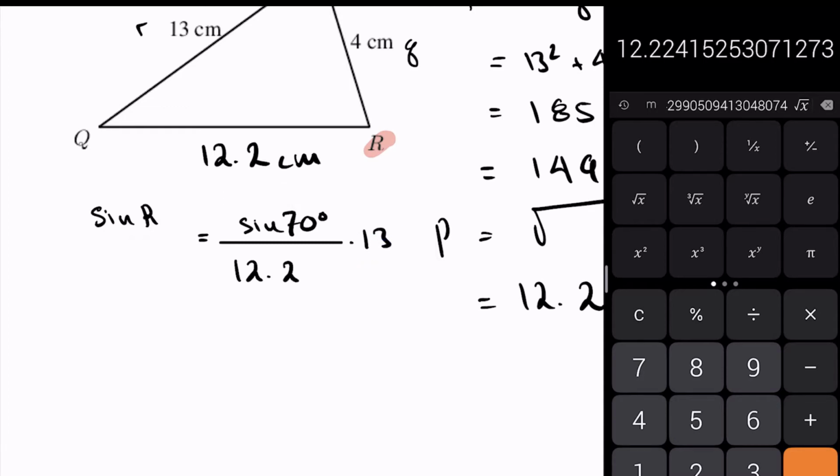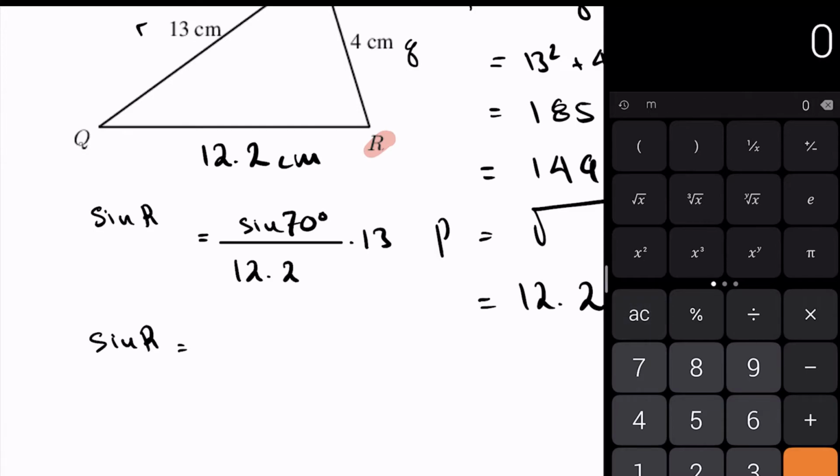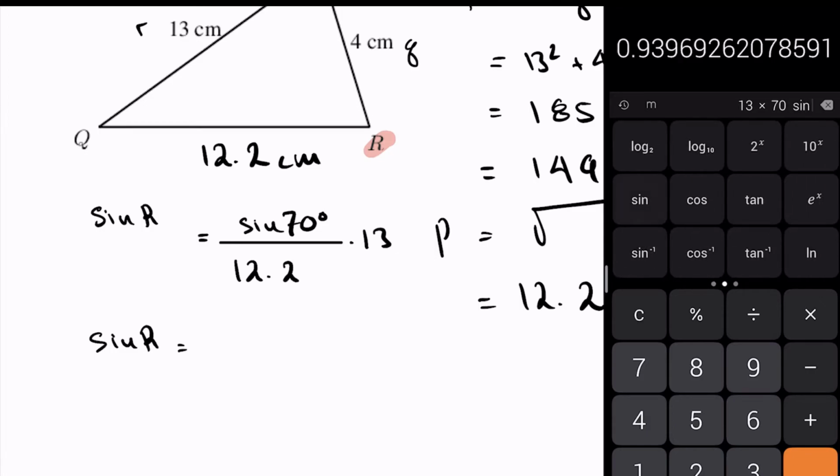I'm going to get the value of sine R equals, what do we get here? 13 times 70 sine is that, divided by 12.2. It's a bit too big. That's not going to work. So let's try that again.